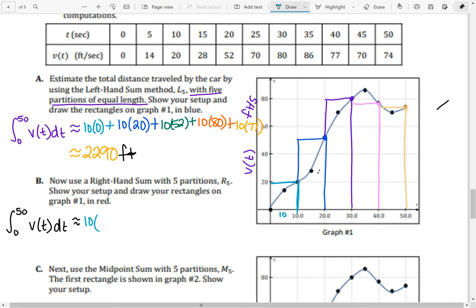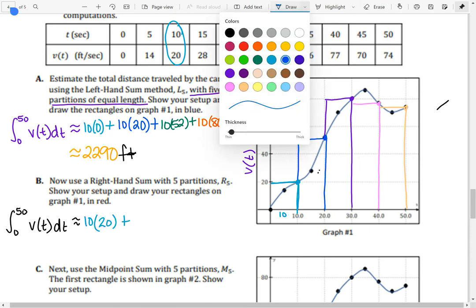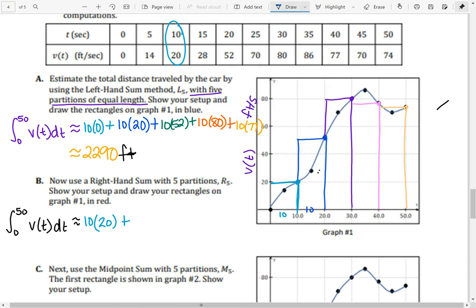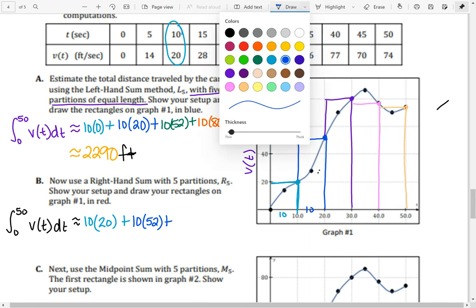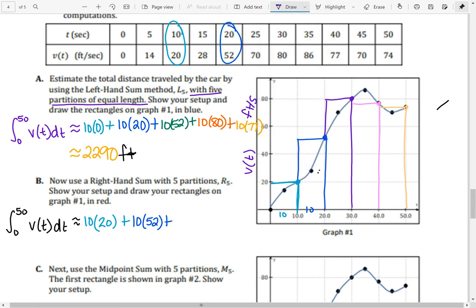The height is now at this point, which has a v of t value of 20, plus for the second rectangle, width is still 10, but this time the height is 52. So 10 times 52. The third rectangle still has a width of 10.